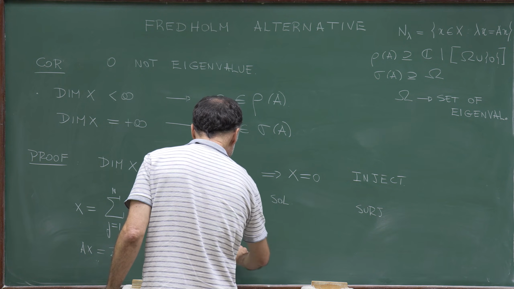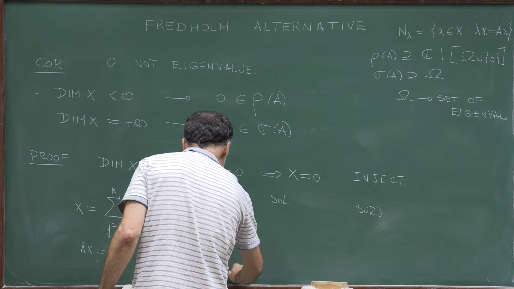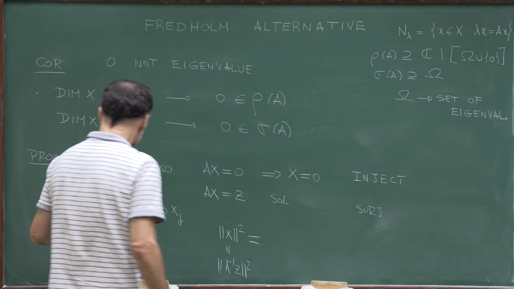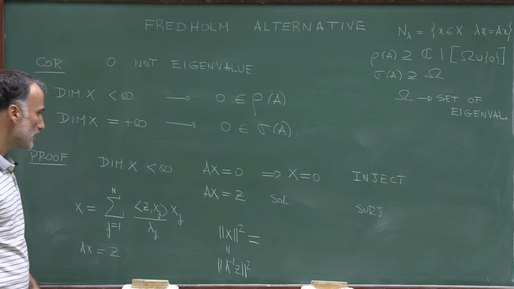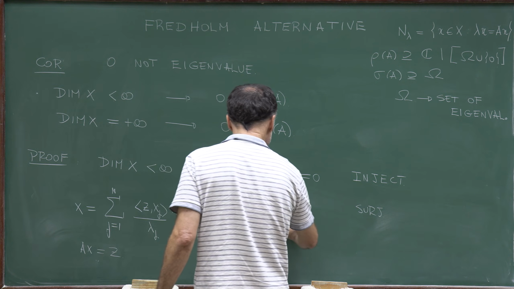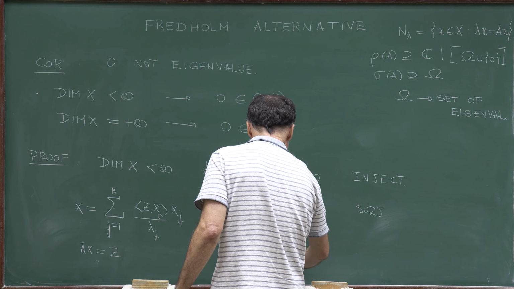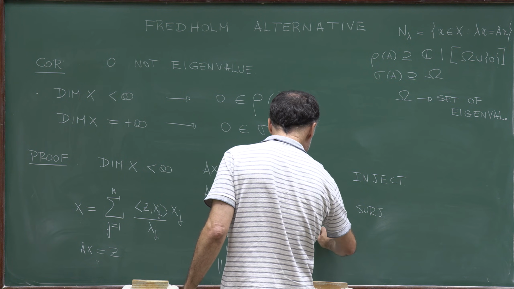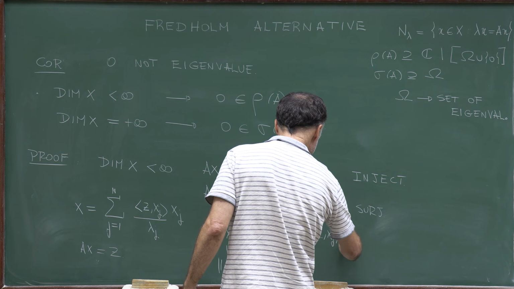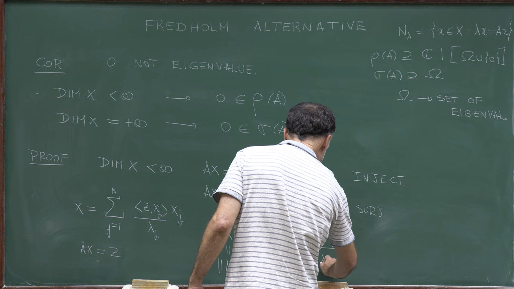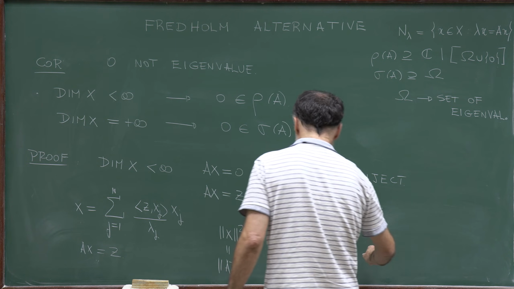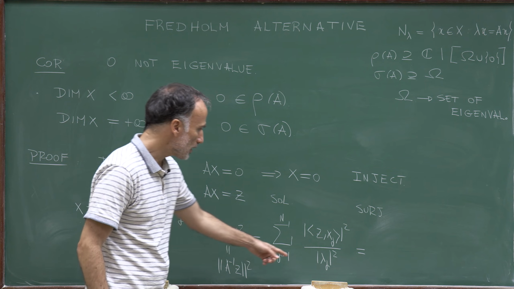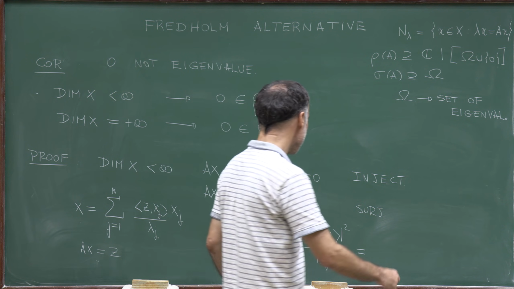And what I get is that the norm of x squared, which is therefore the norm of A minus 1 of z squared, by this equation, is the sum from j from 1 to n of (z, xj) squared over lambda j squared. And all the lambda j's are different from 0. There are a finite number of them.